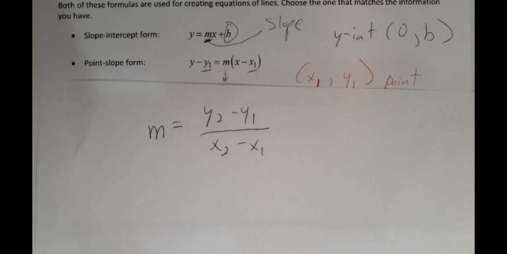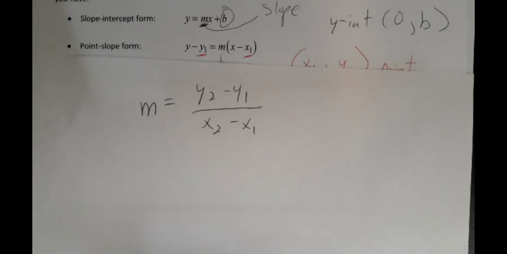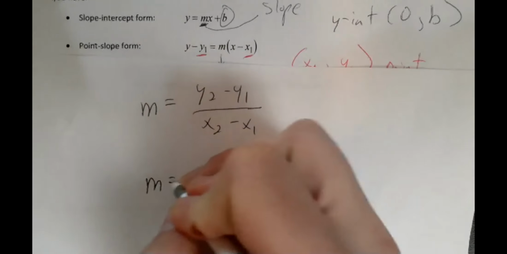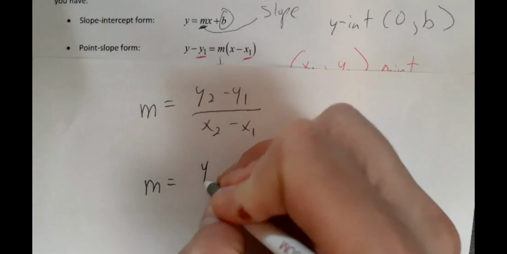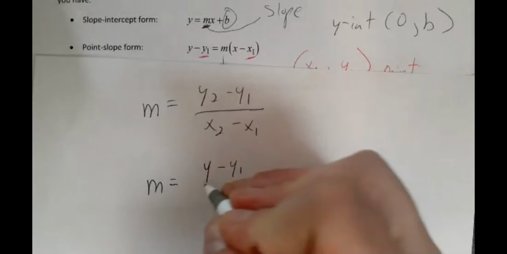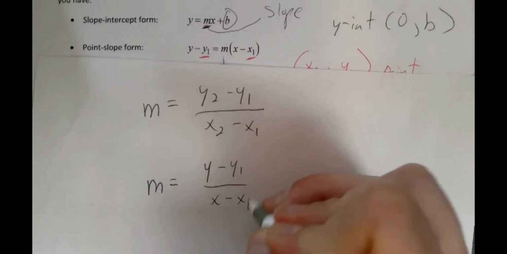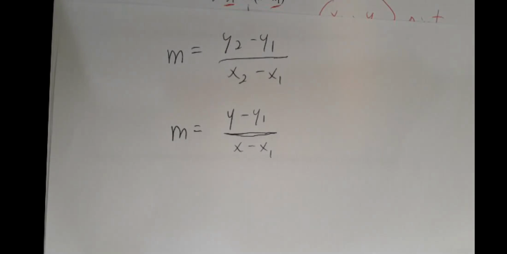So if I want to generalize one of these points, so now it's a variable instead of a specific point, now I have an equation that's going to give me a line.